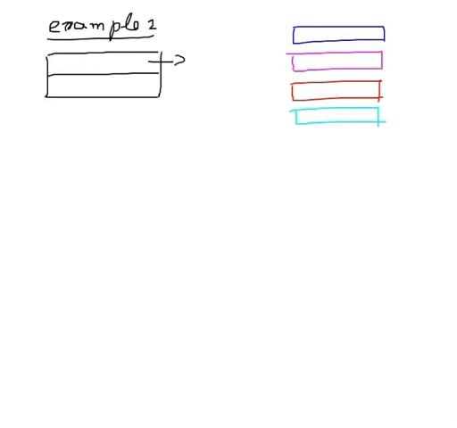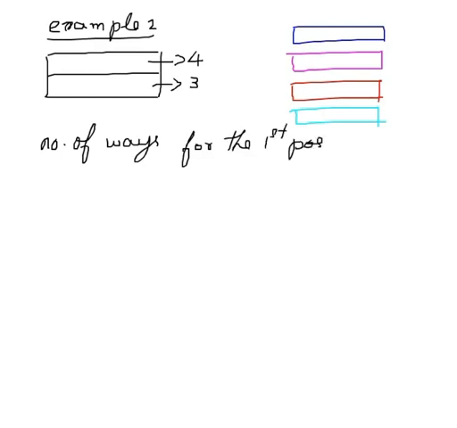So the first place can be filled up in 4 ways. We have only one piece of each color. So this can be filled in 3 ways. So number of ways for the first position is equal to 4.